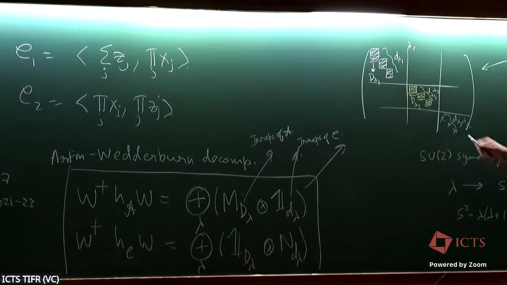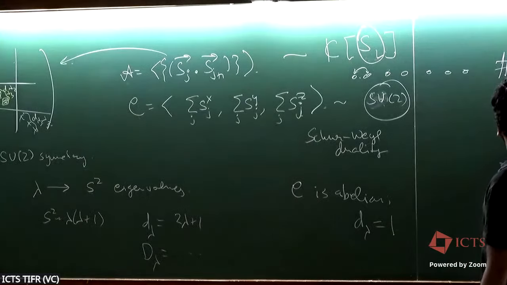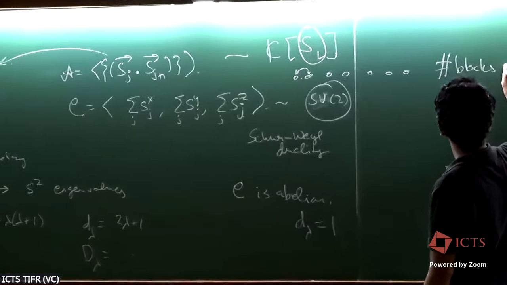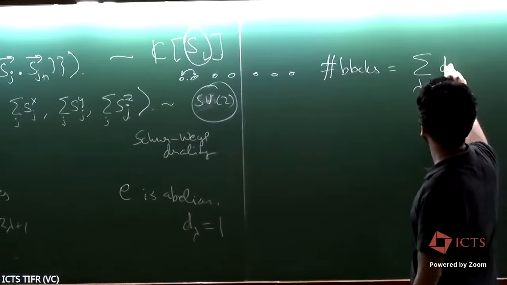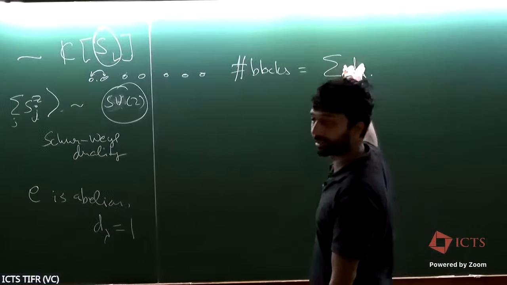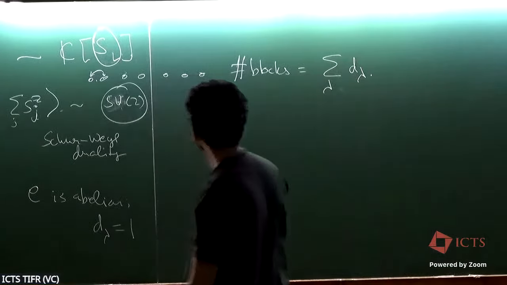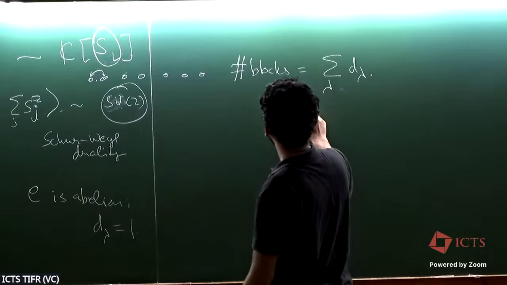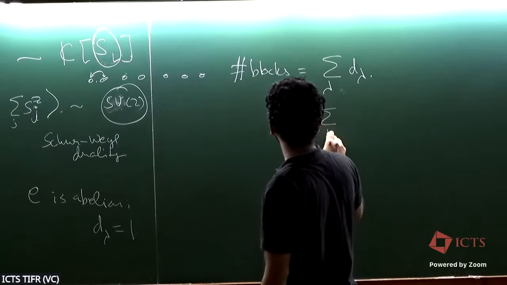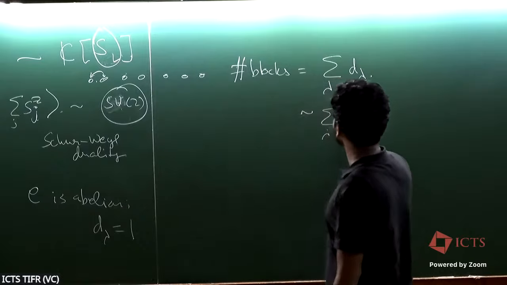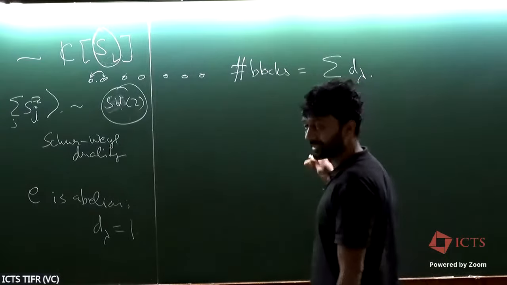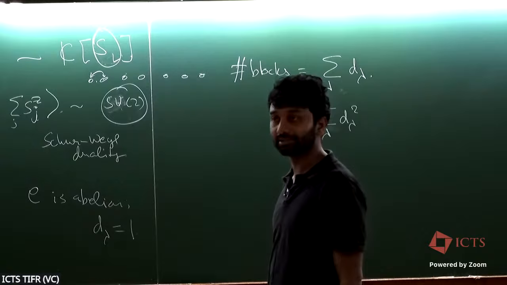If you just look at the total number of blocks, in this mathematical notation it's just the sum over lambda of small d lambda, which you can show scales in the same way with system size as the sum over lambda of d lambda square.